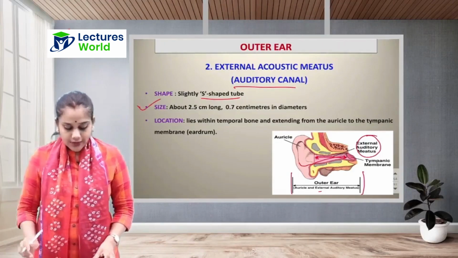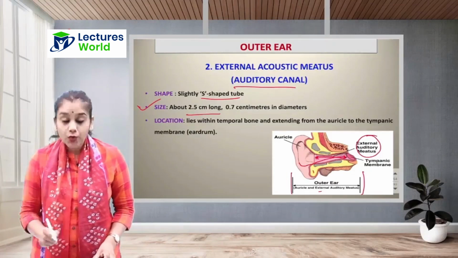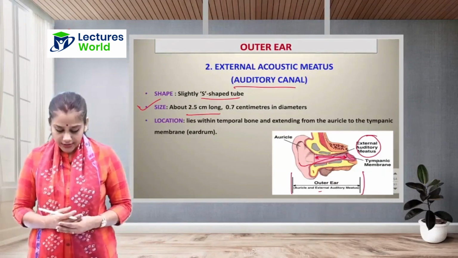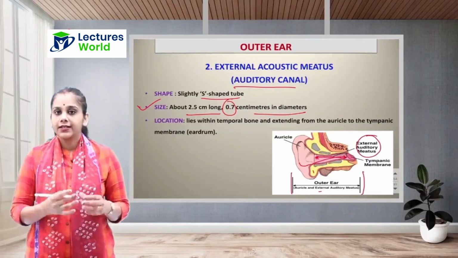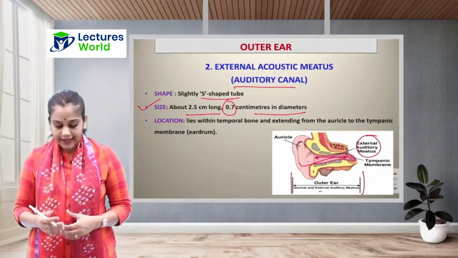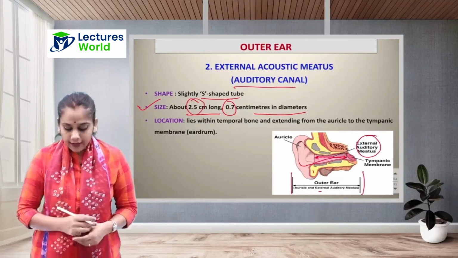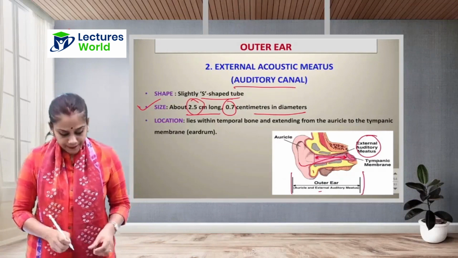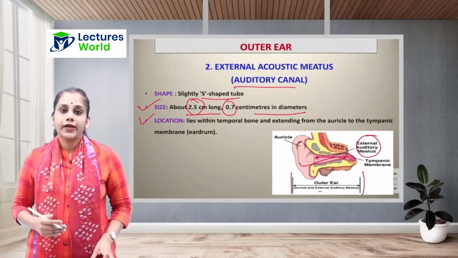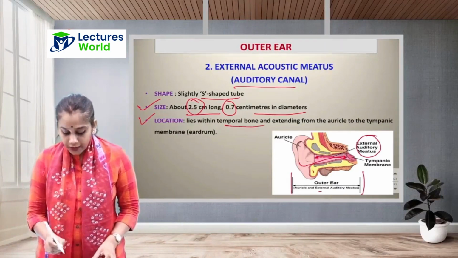The size of the auditory canal is about 2.5 centimeters long and 0.7 centimeter in diameter. Where is it located? It lies within the temporal bone.